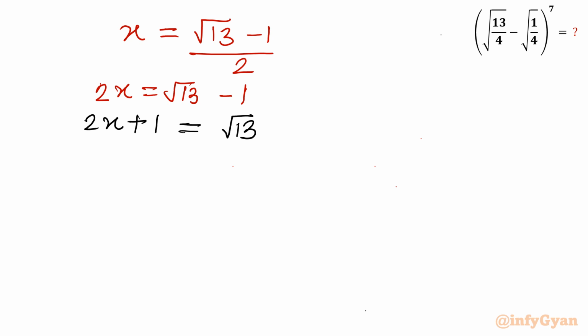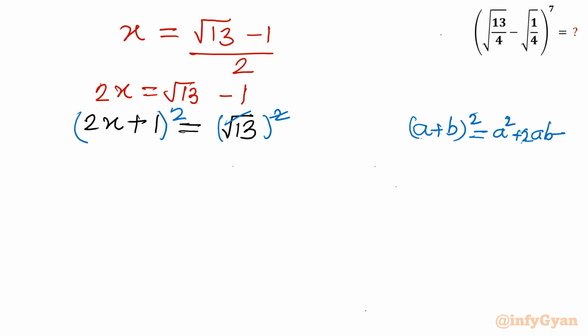Now I will consider squaring both sides. Here we can cancel the square root and the square. Now I will write one identity: a plus b whole square can be written as a square plus 2ab plus b square.